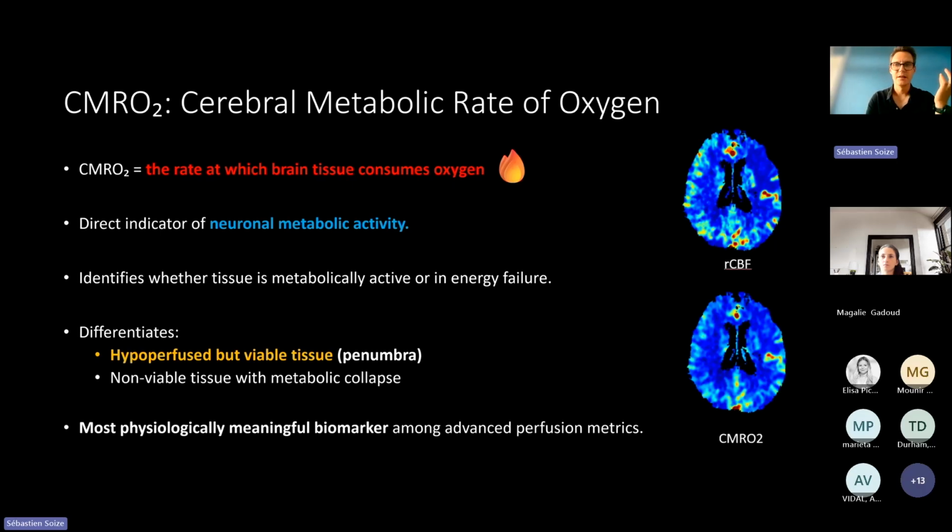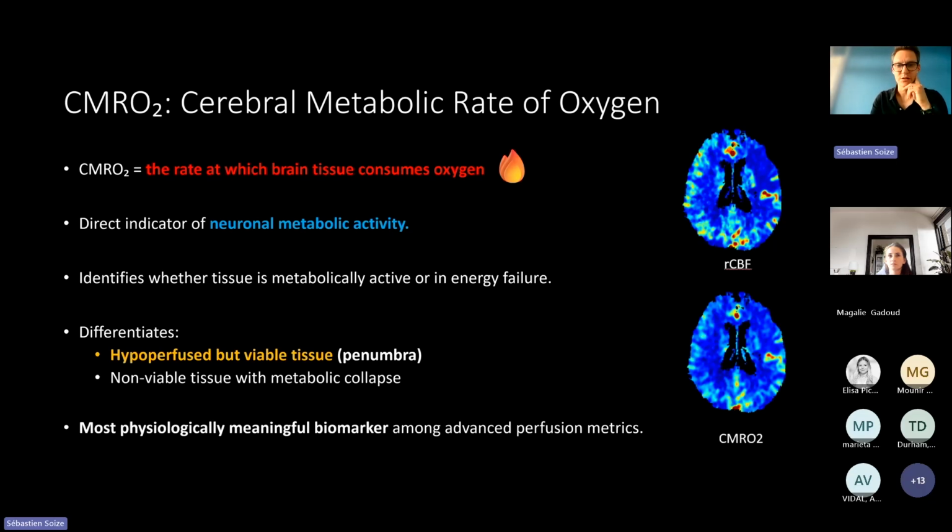So finally, this may be a much more reliable parameter than just the CBF for assessing the viable tissue, so the penumbra. This has been proven with CT and MR perfusion, but not proven for CBCT. But we can probably derive it and use it and assess.